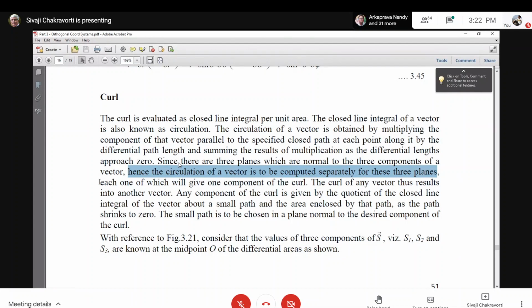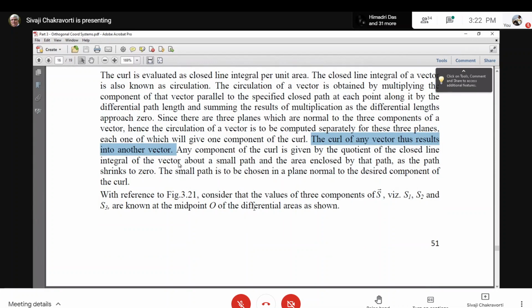Each of these components will give one component of the curl. So what does it mean? It means that the curl of a vector will give rise to another vector. Because a vector has three components, we take the circulation, that means the line integral, in three different planes, and each one will give one component of the curl, so it gives rise to another vector. So the divergence of a vector doesn't give rise to a vector, it gives rise to a scalar, whereas the curl of a vector gives rise to another vector.